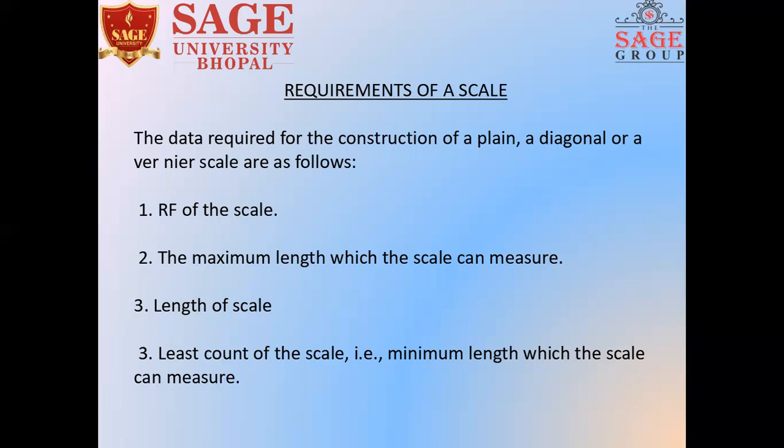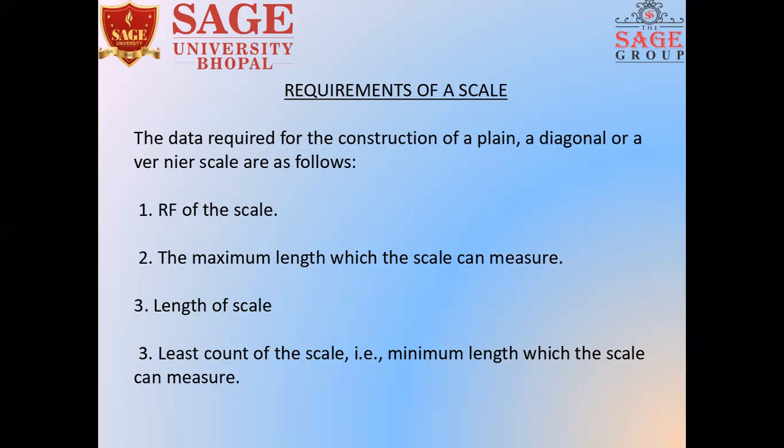Here I am giving a few points which are used basically in a plane scale, diagonal scale, or vernier scale. So now first we need the RF of the scale. RF is a must when you draw a plane, diagonal, or vernier scale. The full form of RF is representative fraction.